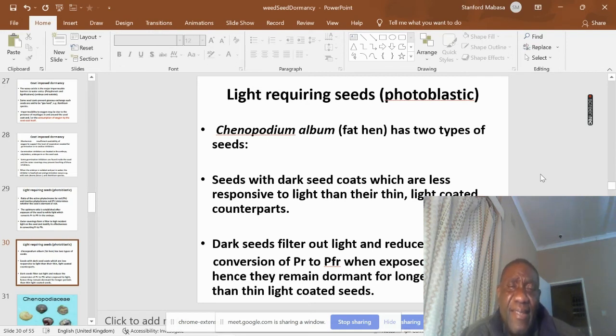Dark seeds are not stimulated by light, white seeds are stimulated by the light. Dark seeds filter out light and reduce the conversion now of PR to PFR when exposed to light. Hence, they remain dormant for longer periods than light coated seeds.